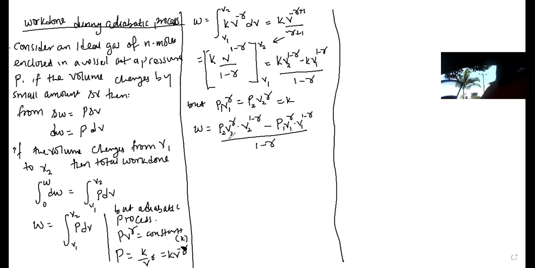You can see that the gamma will die off and I remain with P2 V2 minus P1 V1 over 1 minus gamma.